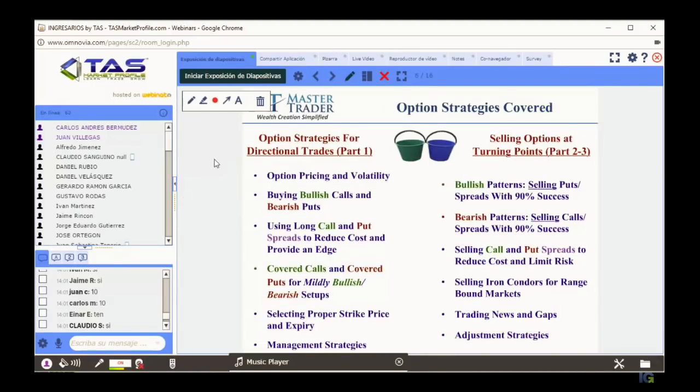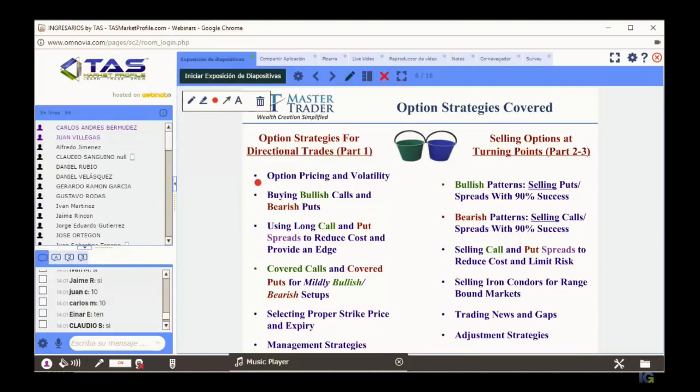Next slide. Our three-part option series is going to be in parts 1 and 2, actually. We're going to be covering all of the terminology. We're going to explain to you how options are priced, how they're used, volatility.